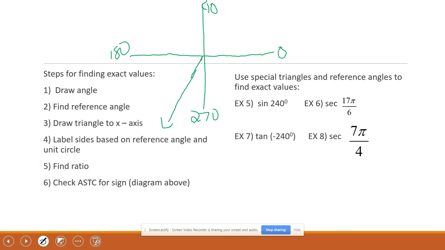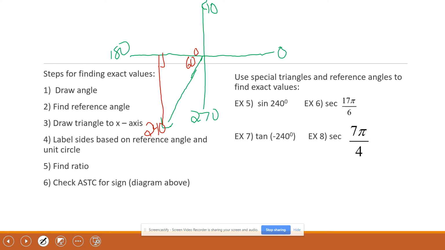Want to get my reference angle. So our nearest x-axis is here at 180 degrees. So 240 minus 180 gives us a reference angle of 60 degrees.